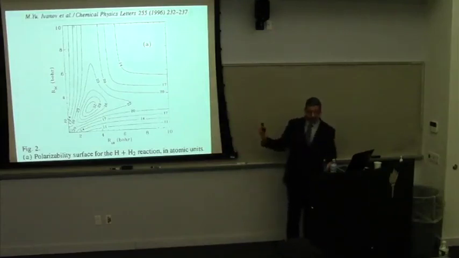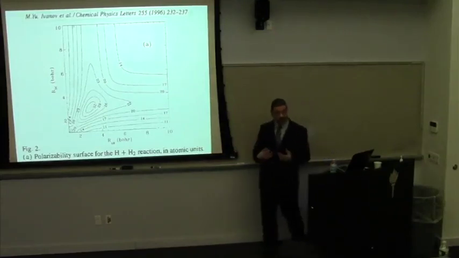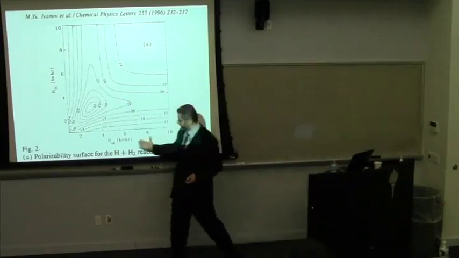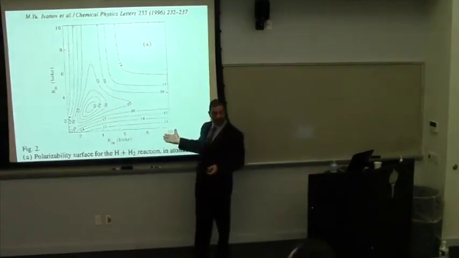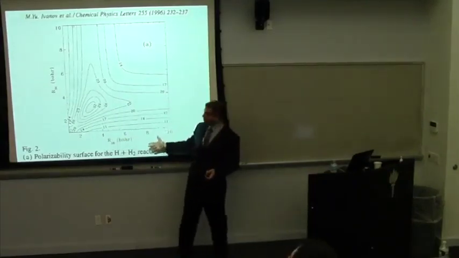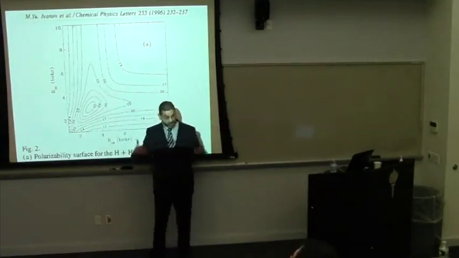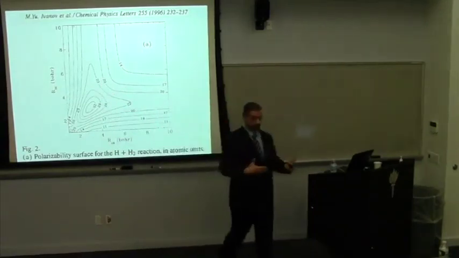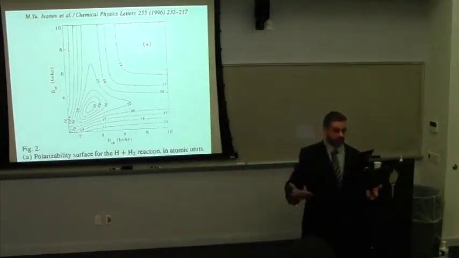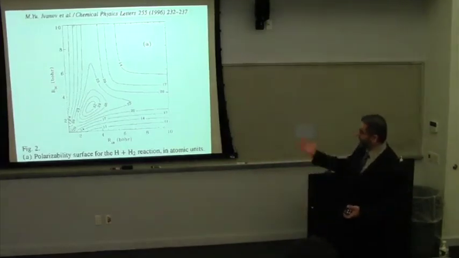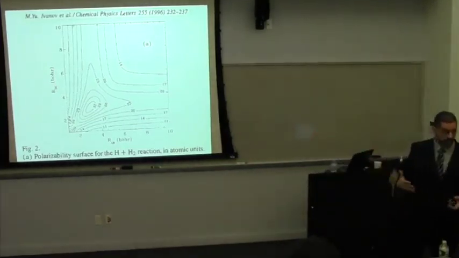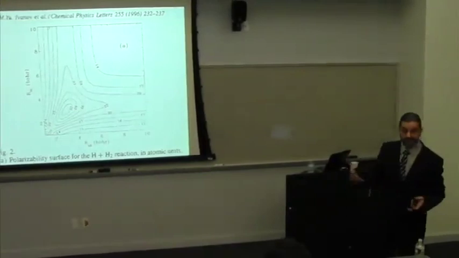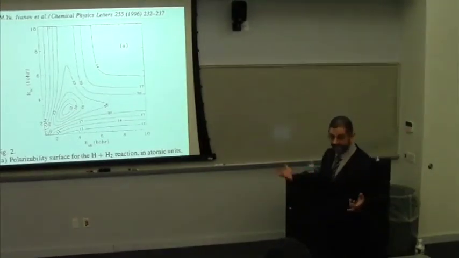So this is the polarizability surface. It looks like a potential energy surface, but you have here one of the distances between two of the hydrogens, and this is the distance between the two other hydrogens. So you have a two-dimensional plane here. And what is plotted in the third dimension is not the energy in this case, but rather the polarizability of the entire reacting system.